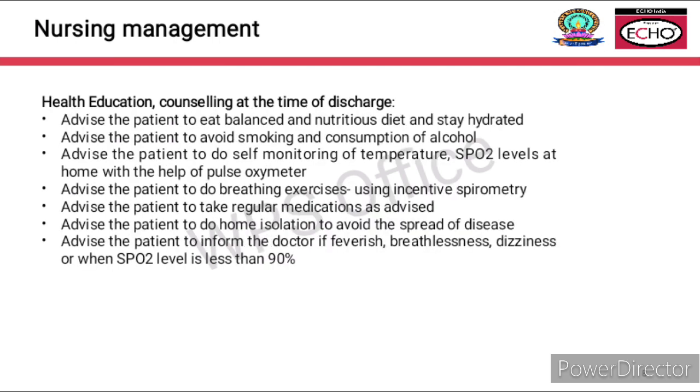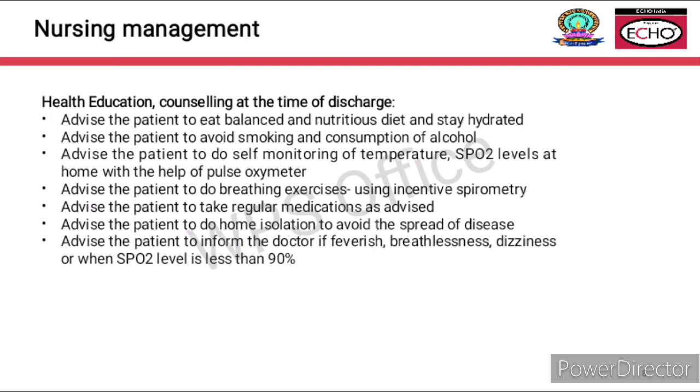Under the nursing management, health education and counseling are done at the time of discharge, which include advising the patient to eat a balanced and nutritious diet and stay hydrated, to avoid smoking and consumption of alcohol, and to do self-monitoring of temperature and SpO2 level at home with the help of a pulse oximeter.